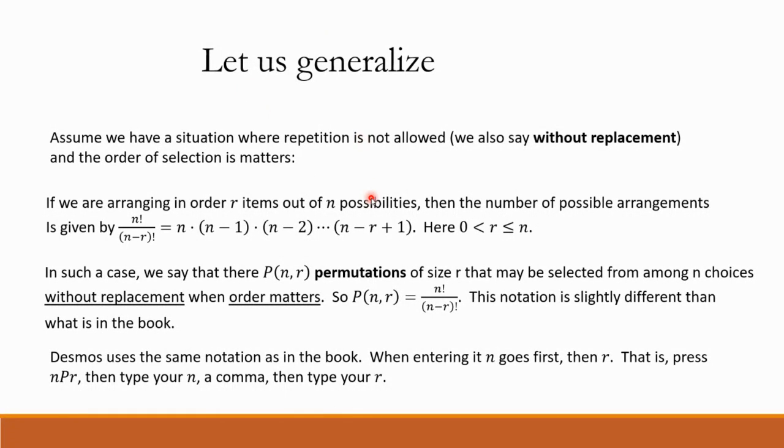Essentially, if we are arranging in order, so order matters, r items out of n possibilities, so there are n possibilities but you're only arranging r of them without replacement, and the order matters, the number of possible arrangements, which again is a permutation, is this. Which turns out to equal this, which is really equal to this here.